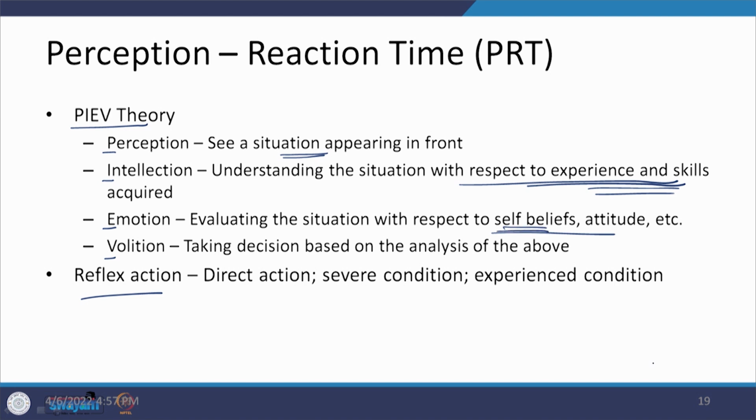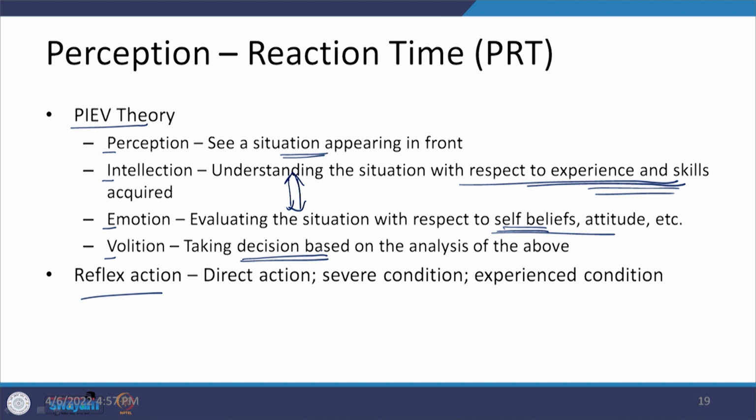So we need to take that also, and these two things are going to work together. The person is trying to understand, at the same time those attitudes are giving some information, you do it, you do not do it. So that sort of a dilemma is going on, and finally the decision is being taken on the basis of whatever has happened here, and that is being defined as volition.